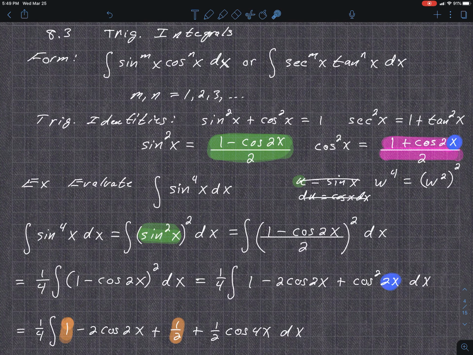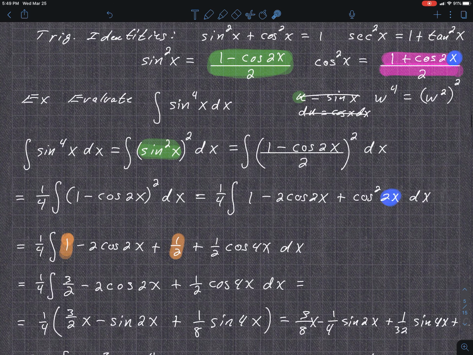8.3. Trig integrals, it's really reducing this form. There are what they call reduction formulas you can use, although I don't really want you to use those. I want you to apply these identities, all of these identities, however you need to simplify, reduce the powers.